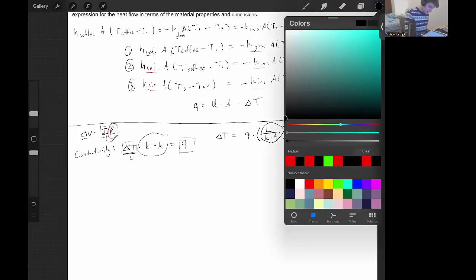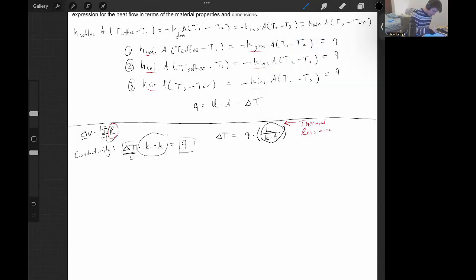So now that we have it for conduction, spoiler warning, we can do the same thing for convection. I'll write down convection here. We can do practically the same thing. We have Q equals our h times A multiplied by our change of temperature. And we're just going to do the same thing. We're going to do our change of temperature set equal to our energy.